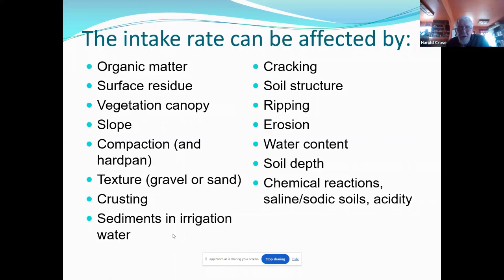Soil structure we talked about, ripping I talked about, erosion I talked about, water content, soil depth, and the chemical reactions. Now, this is really an important thing too. Over time, we've been irrigating the Columbia Basin about 70 years now, and we're beginning to see some salt issues in our soils.